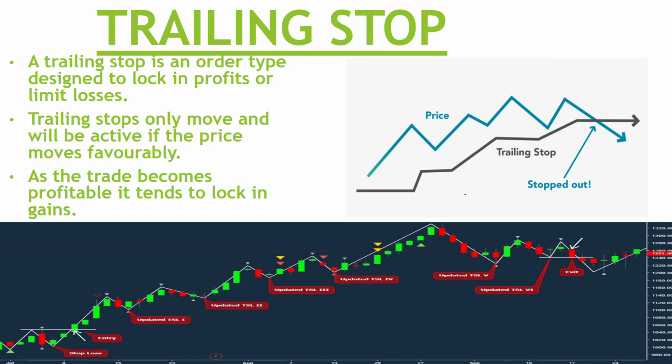Trailing stop, just as the name implies, trailing, like your trade following what you set and keep adjusting the level as the trade moves in your favor. A trailing stop is an order type designed to lock in profit or limit loss.